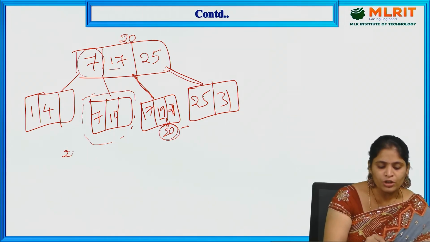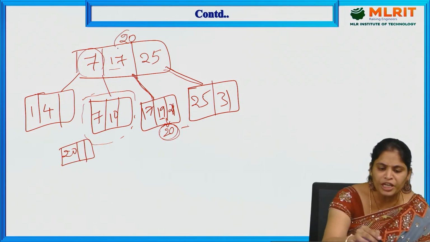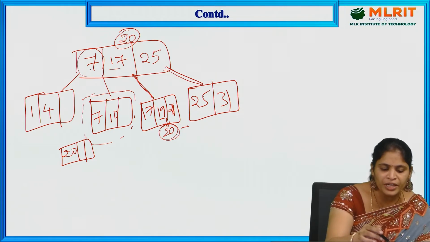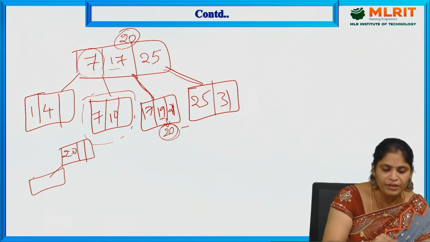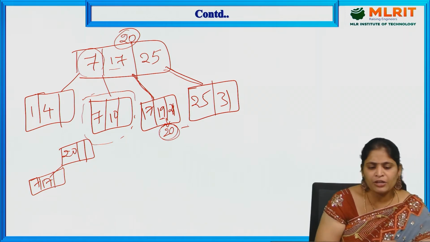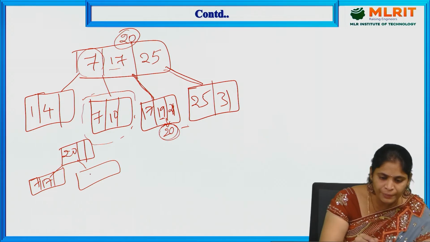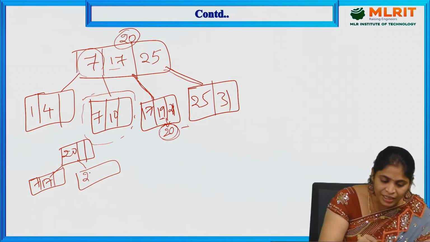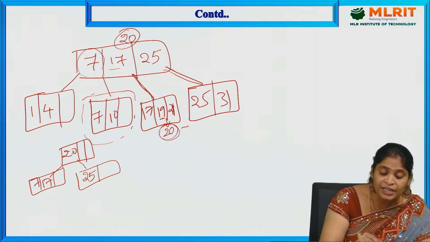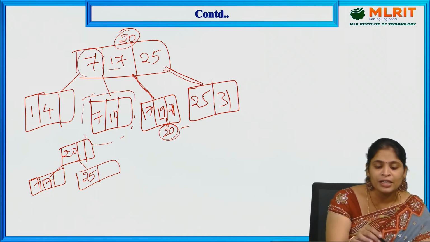So 20 will become the root node. The left part of 20 will be 7, 17, and the right part of 20 will be 25. Here we should not insert 20.